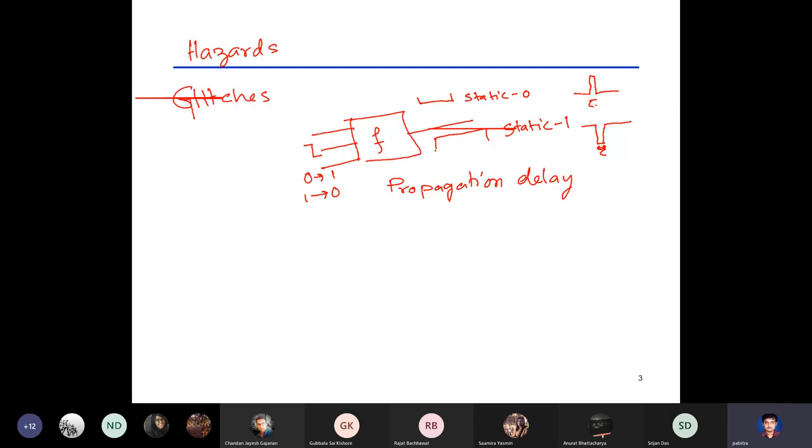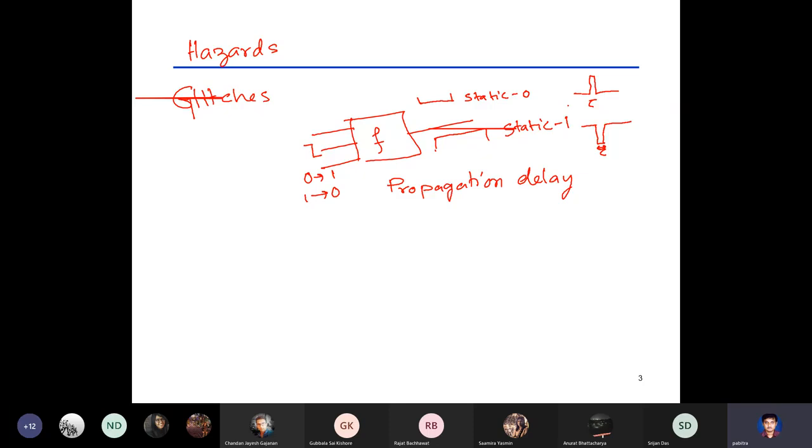any problem. But for an asynchronous circuit, where we don't have any clock cycle, changes happen as and when they occur, so the output of this circuit may be the input to some other circuit. And these momentary glitches may cause undesired behavior for downstream circuits in asynchronous mode.